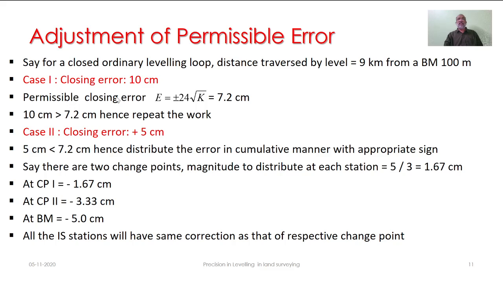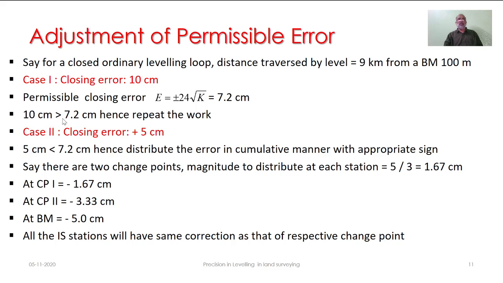Hence, the permissible closing error can be computed for ordinary leveling as 24 root k, which comes to be 7.2 centimeter. The way you see, the actual error involved is 10 centimeter, whereas the allowable one is 7.2 centimeter.